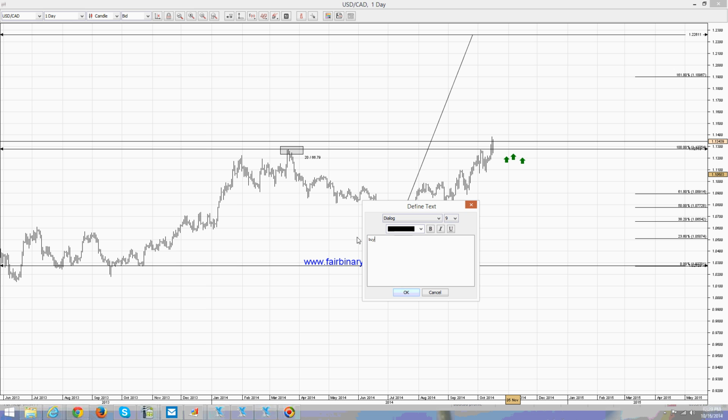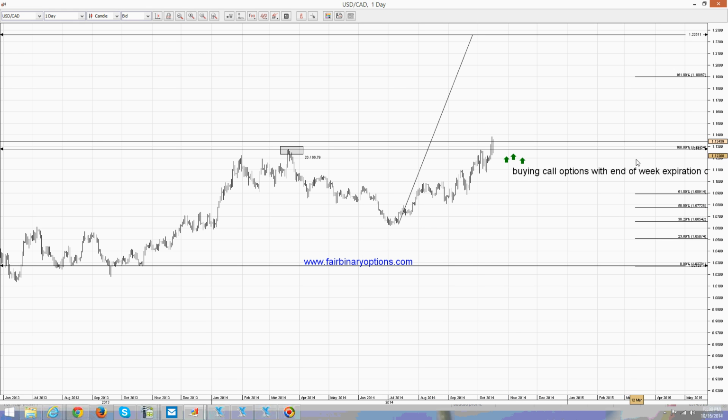So buying call options with end of week expiration date on the US dollar and Canadian dollar. And it means, of course, that we will have the CPI also into this option. It remains to be seen if it expires in the money or not.